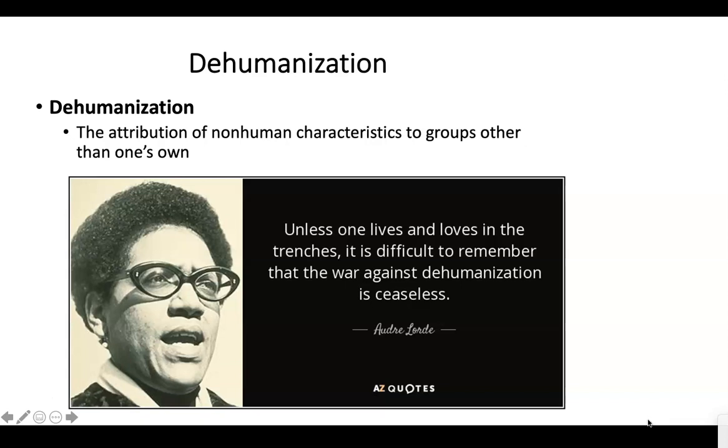When someone is able to dehumanize another person or group, it becomes easier to subject them to murder or whatever it might be. I like this quote by Audre Lorde: "Unless one lives and loves in the trenches, it is difficult to remember that the war against dehumanization is ceaseless."